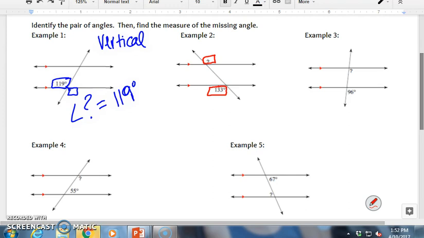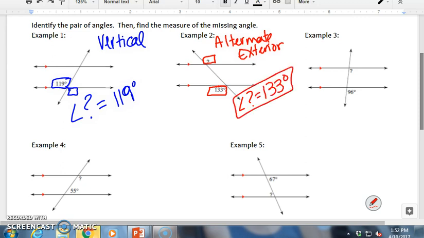And since these are not in the exact same location with one another, these would be alternate exterior. And alternate exterior angles I know equal the same amount. So angle question mark would be 133 degrees.